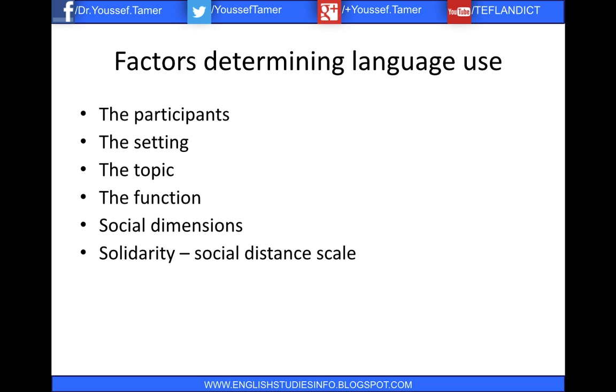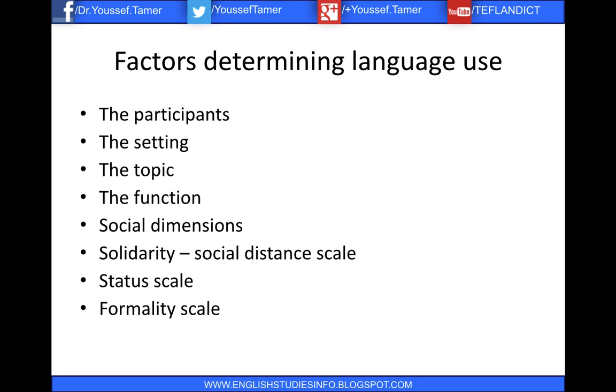Usually you find Amazigh people, because I'm not Amazigh, but you notice that when they are together, they tend to use Amazigh. That has to do with the solidarity issue. Social distance scale: how intimate you are in terms of solidarity. Status scale: the status of a language determines language use as well. Formality scale. Sometimes all of these are related. You can find them together.